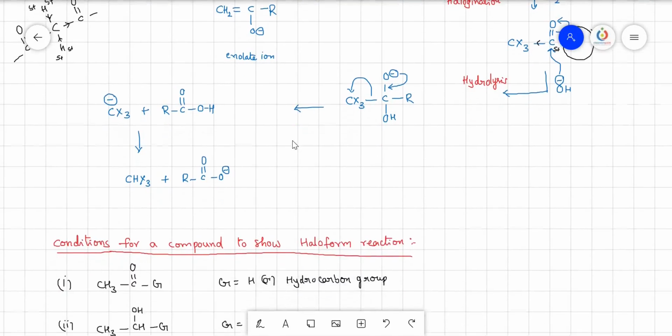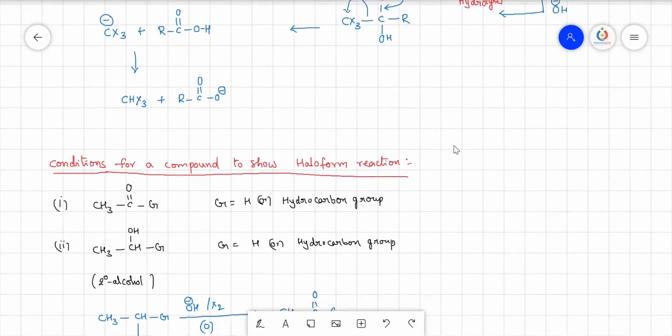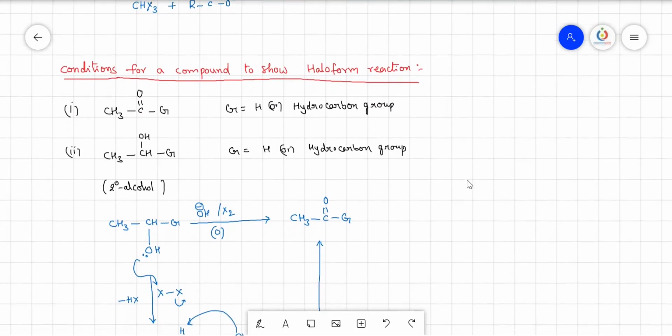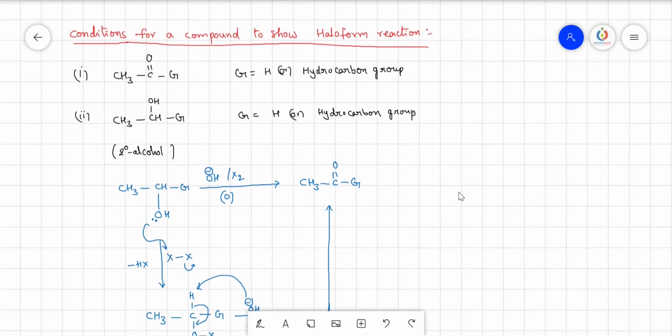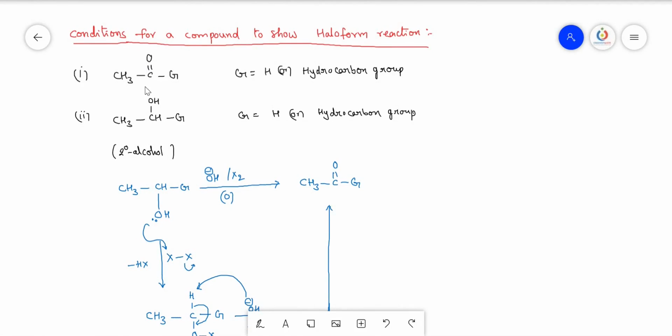Now let us see what the conditions are for molecules to show the haloform reaction, whether all molecules show the haloform reaction or not. Now this is a CH3CO compound. The compounds which have the CH3CO group, this is a G. G stands for hydrogen or any alkyl or aryl group.